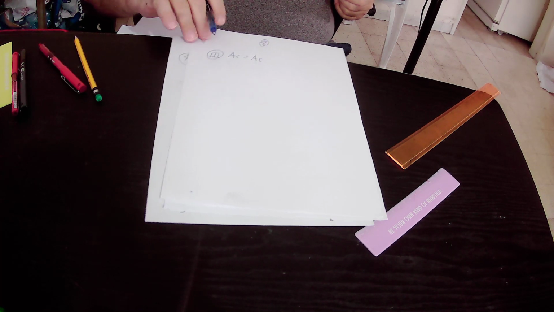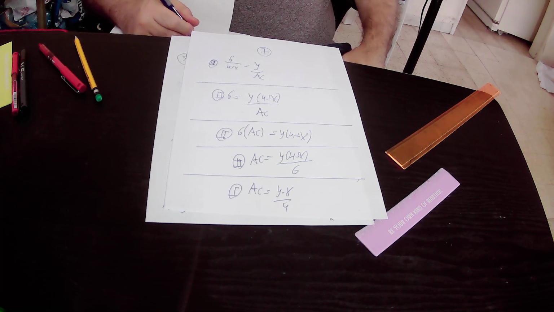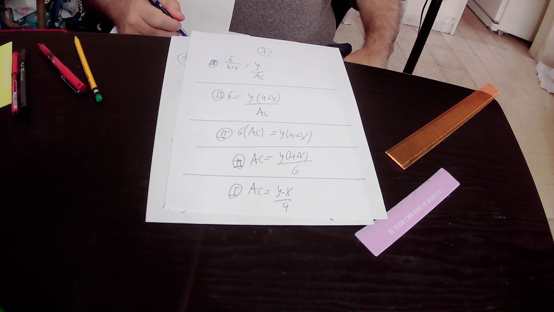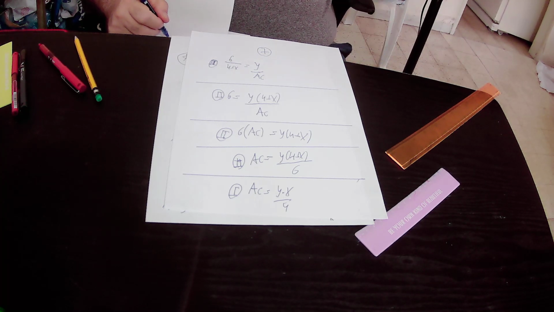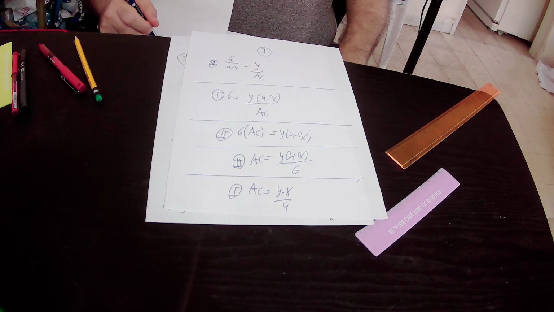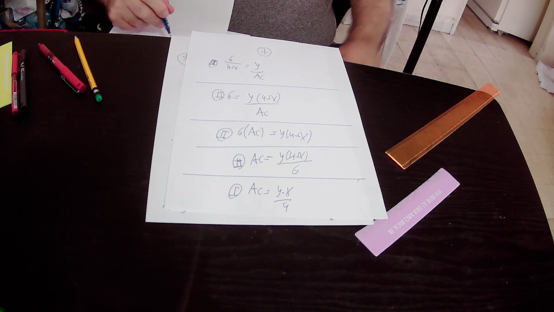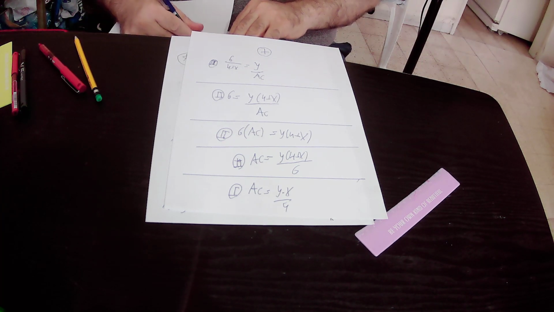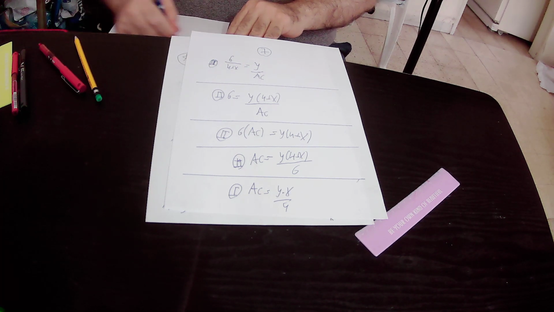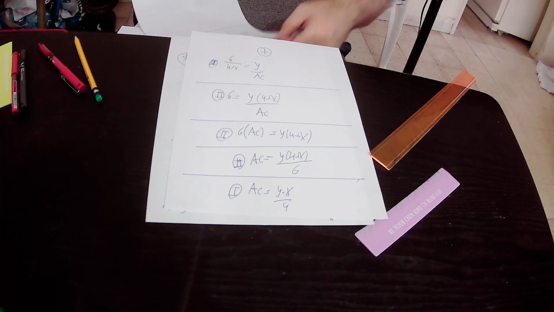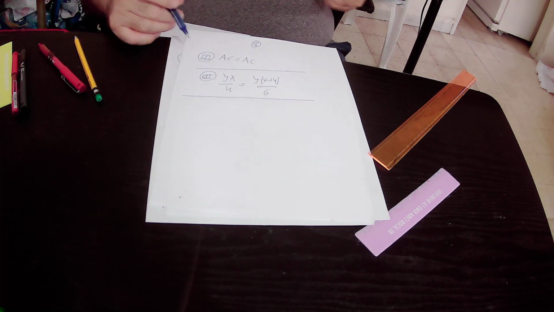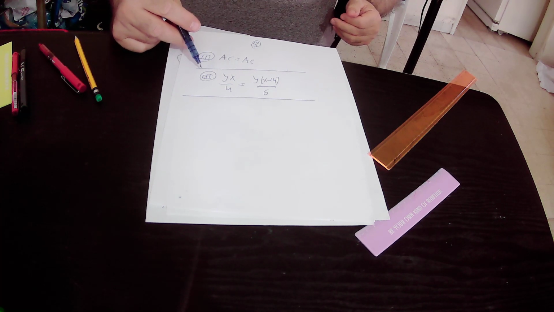So we will get that AC according to equation 1, y times x over 4, equals AC according to equation number 2, that is actually y times x plus 4 over 6. Okay, that is the equality that we got.